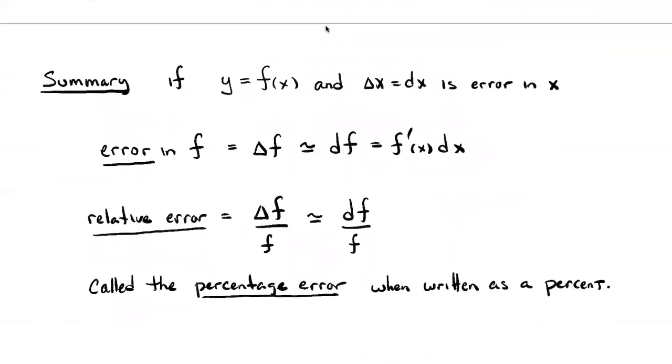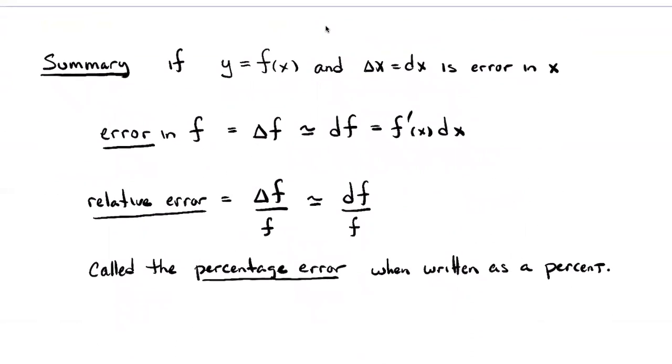Cool. So I've got just a summary down here to end with. If you take some function, and you're thinking of it in some application if you want to, let's just call a change in its input the error. So I'm just going to say that that's the error in the input.